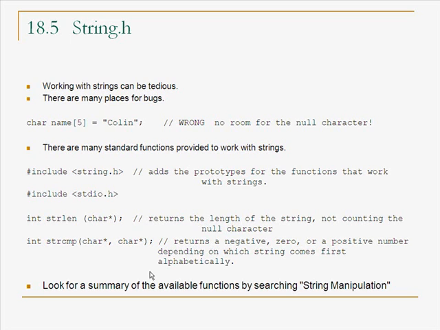Googling around a little bit to find out what all the str functions can do, they all start with str, is a useful thing to be doing before you write your own functions to manipulate strings. Sometimes you have to anyway, but you should look at the standard ones that are available first.